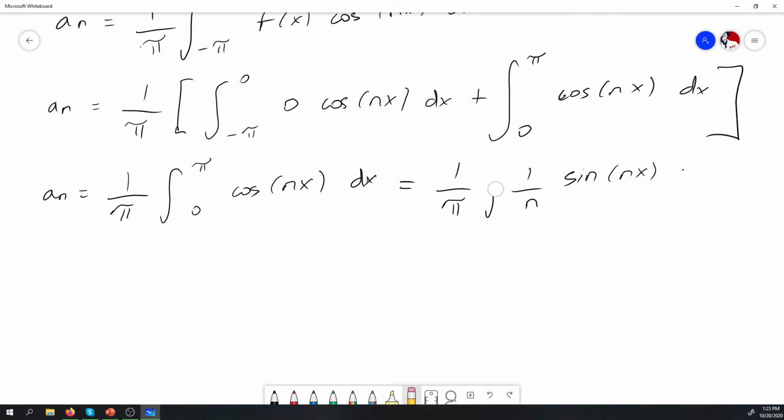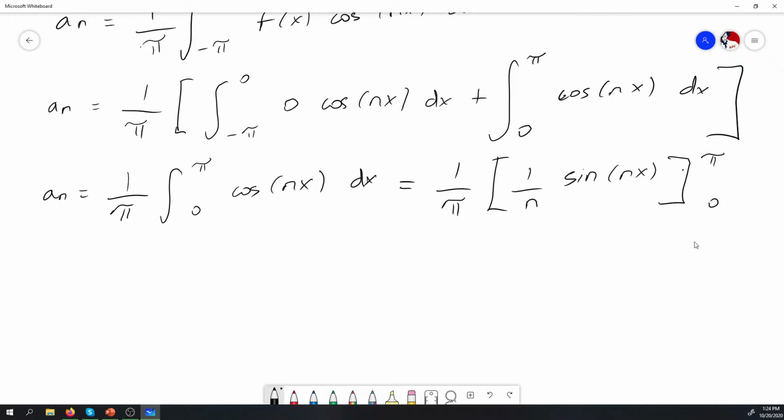This no longer is an integral. This is evaluated between pi and 0. Once we substitute pi here and 0 here, for any value of n, the sine of nx will just go to 0.